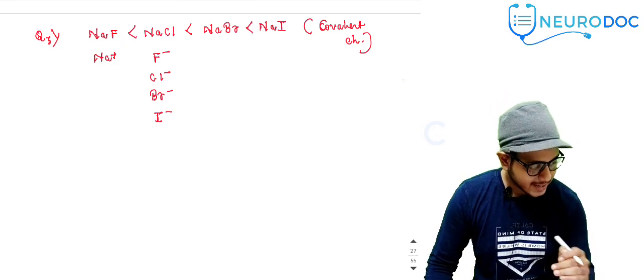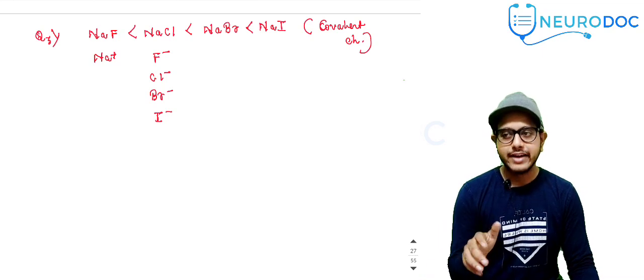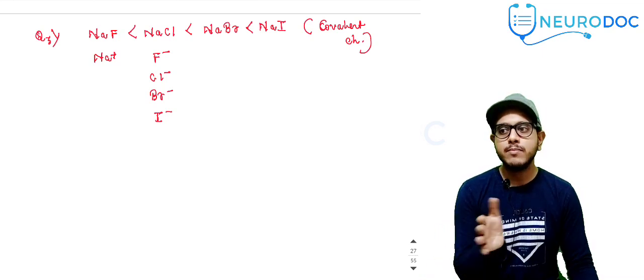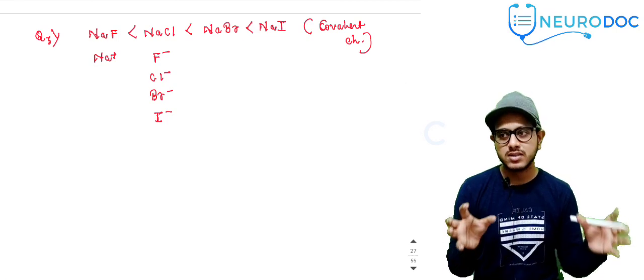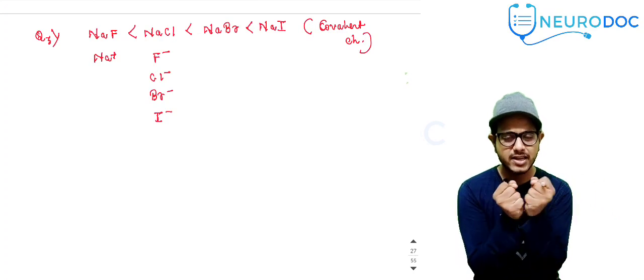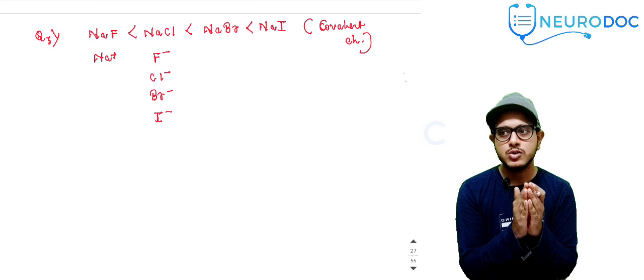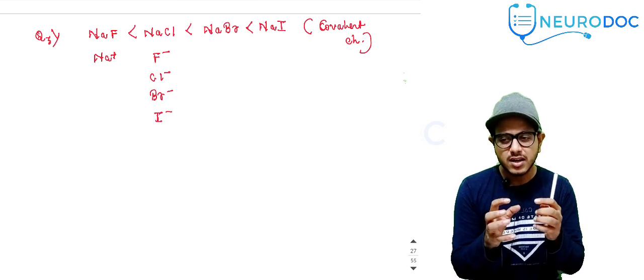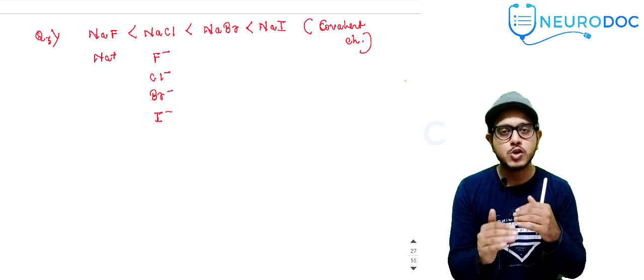Again, another character: you saw in the ionic compounds that the melting point and boiling point are very high. Why? Because all the ions are attracted by the strong electrostatic or ionic force of attraction. So it's very difficult for them to convert from solid to liquid.